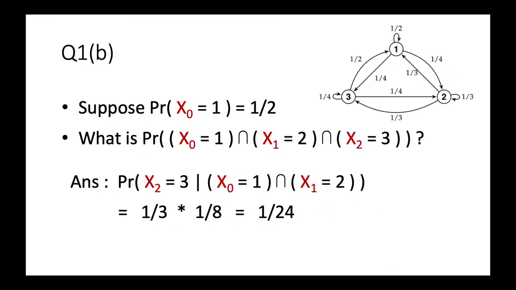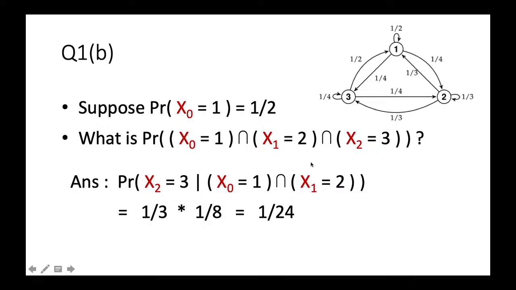And then we can do one step further. We want to find out the chance that x0 is equal to 1, at the same time x1 is equal to 2, and at the same time x2 is equal to 3. So I've missed some detail. Forget about the formula here, this is wrong.